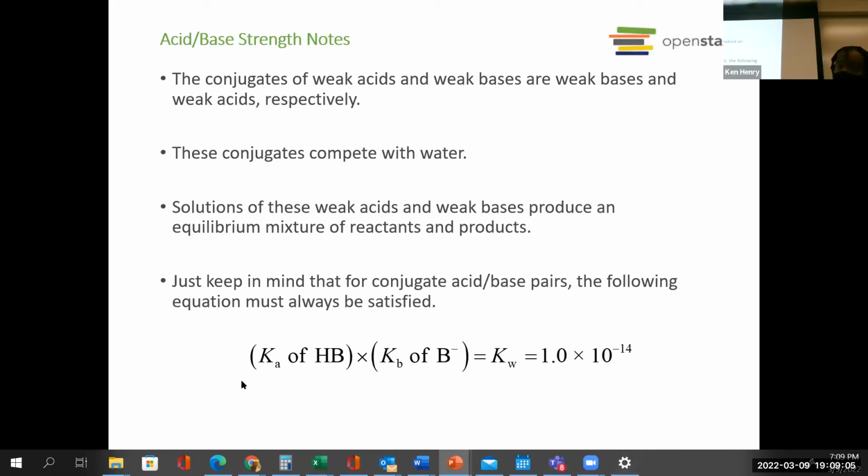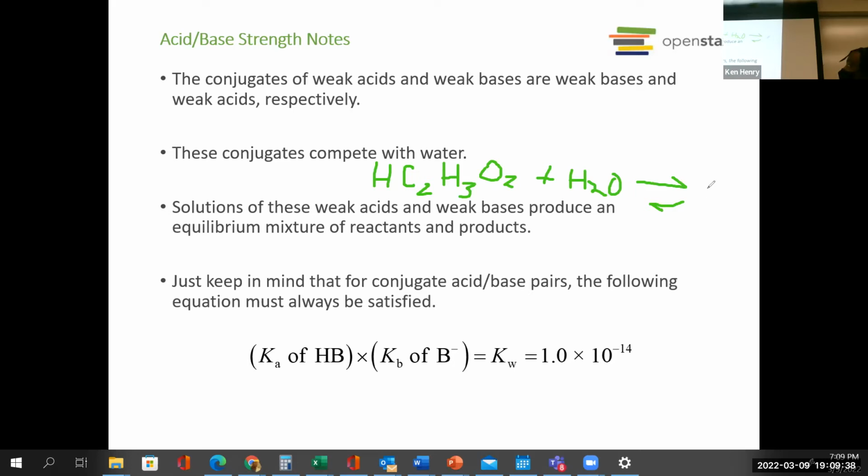So for instance, acetic acid plus H2O in equilibrium with its conjugate base.